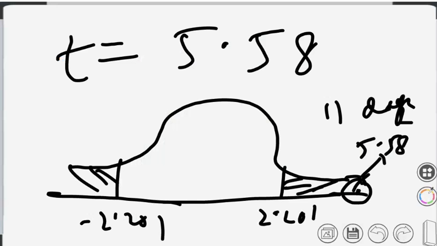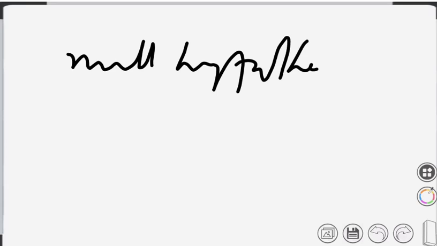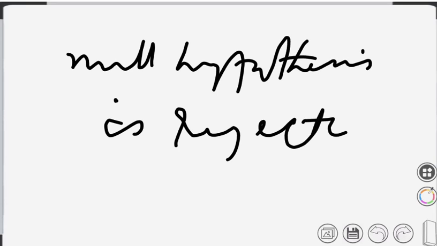So what we get is the null hypothesis, so it falls in the critical region, so null hypothesis is rejected.